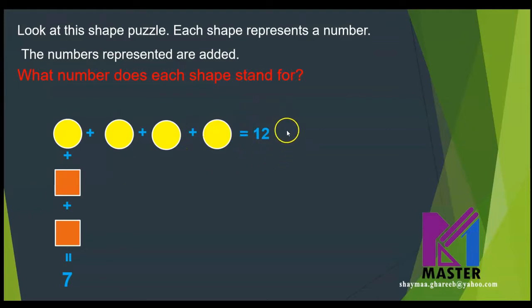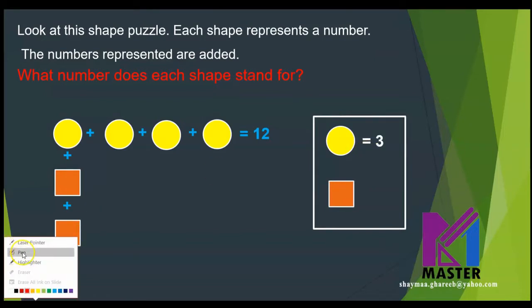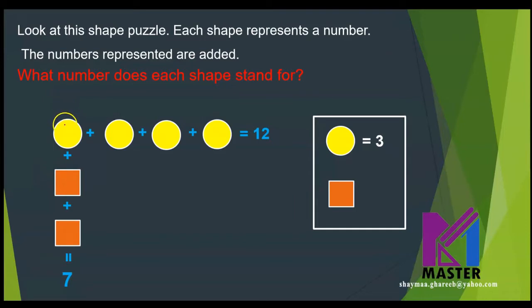I will divide the 12 by 4 circles, which means each circle stands for 3. So now I have 3 in this circle and 3 in this circle and 3 in this circle and 3 in this circle.